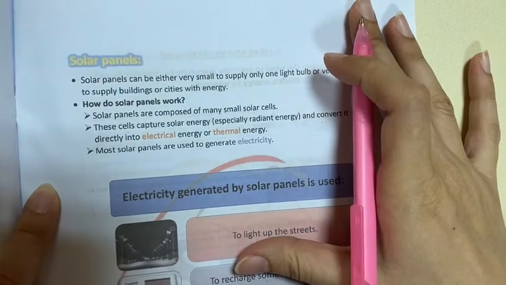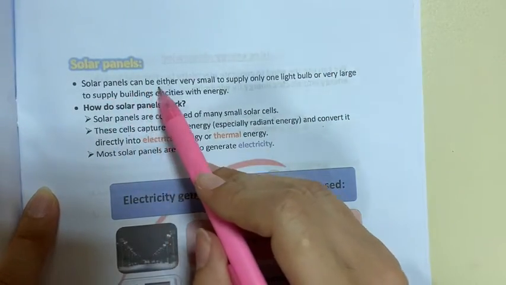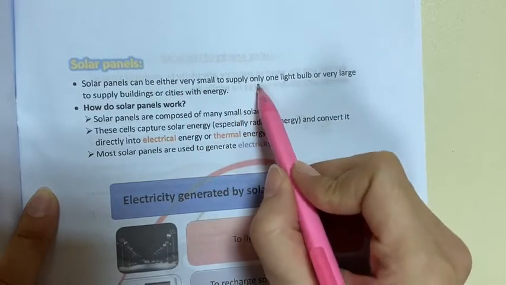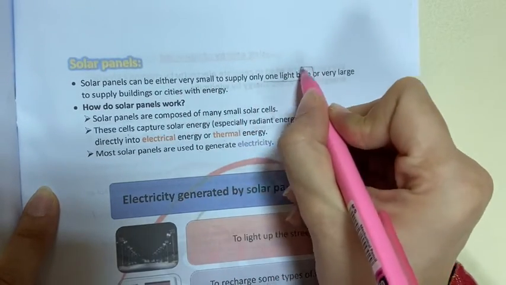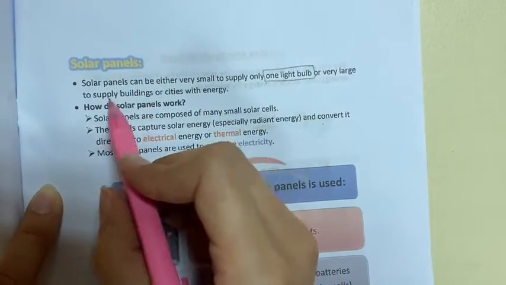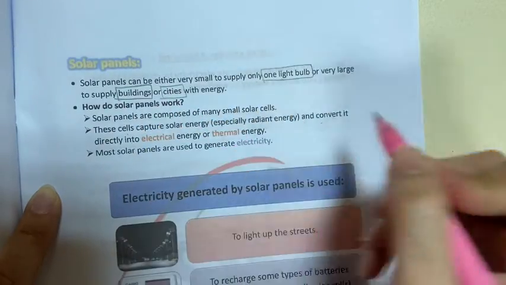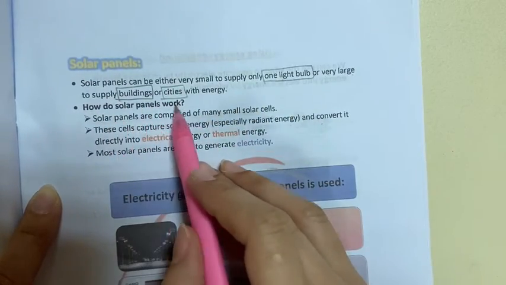Now let's talk about the solar panels in details. Solar panels can be either very small to supply only one light bulb, like we saw in the lightning lamp, or very large to supply buildings or cities with energy. How do solar panels work?